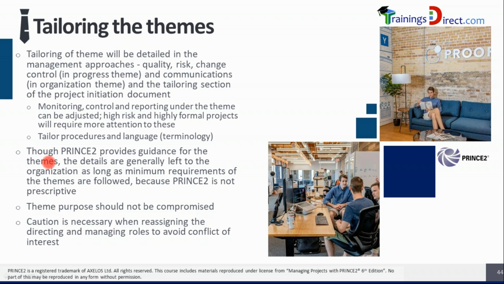However, a key condition is that the minimum requirements of every theme need to be followed. For example, in the business case theme, one of the minimum requirements is that there must be a business justification for the project, or a reason for the project to be started. Similarly, in the progress theme, one of the minimum conditions is that tolerances must be defined at the project level, the stage level, and the work package level.